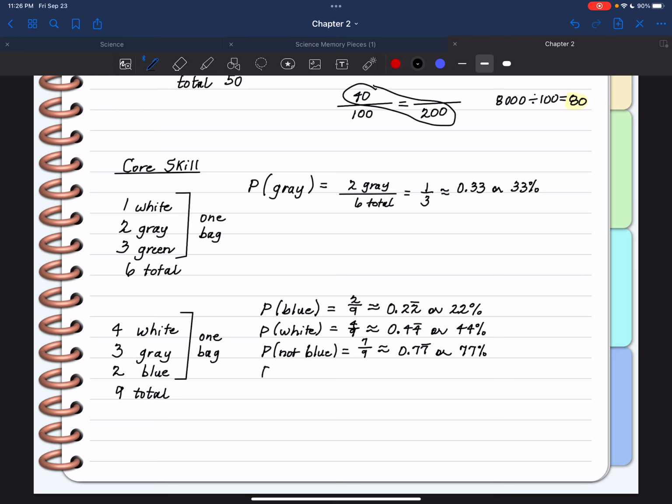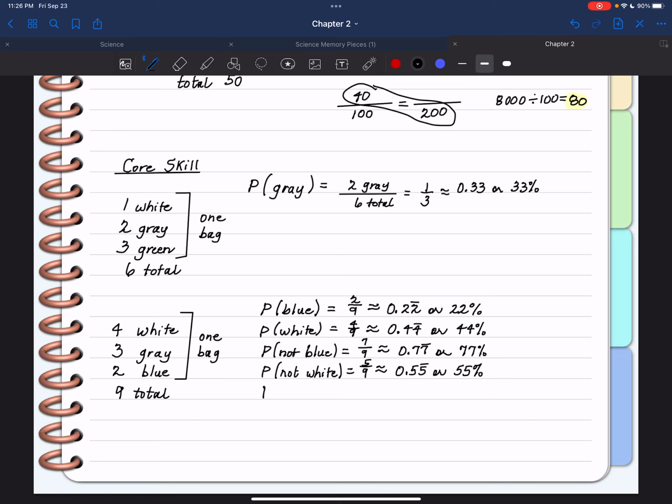The probability of not white. That is going to be 5 out of 9. You might not even need the calculator on that one. You see the pattern that's happening. That's 5 repeating, or about 55%.